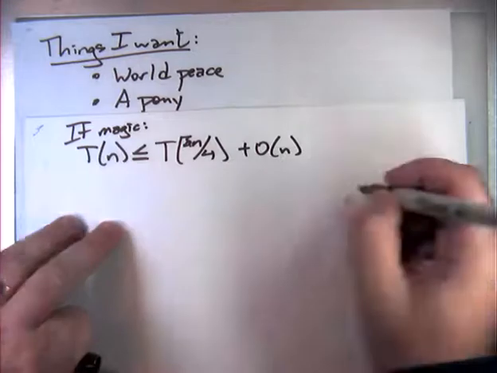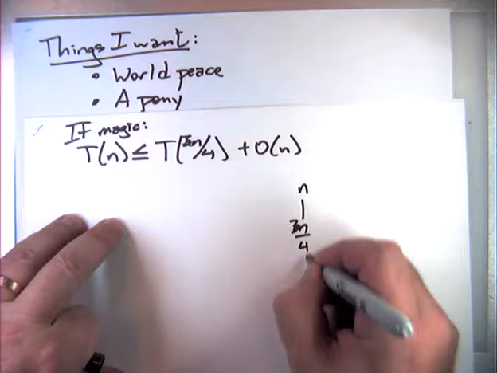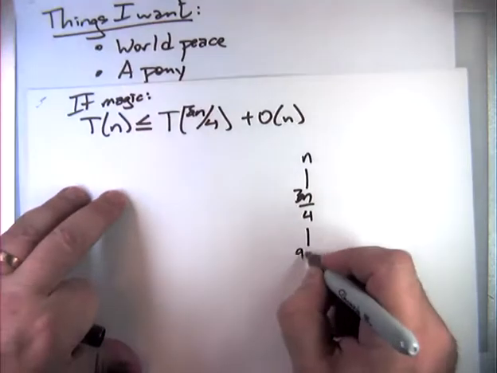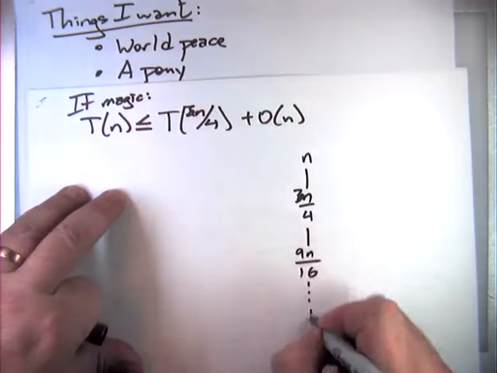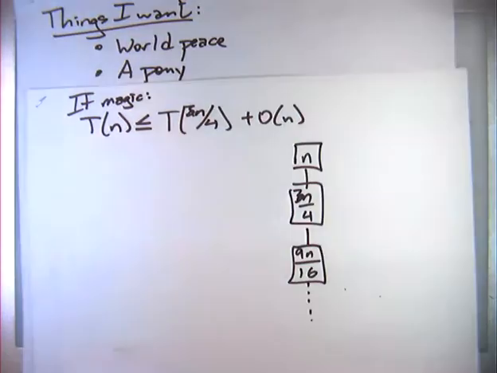All right, so now my recursion tree looks like this, just a chain. And now we're in one of the other cases of the recursion tree technique. Namely that if I sum up level by level, I have n at level 0, 3n/4 at level 1, 9n/16 at level 2.